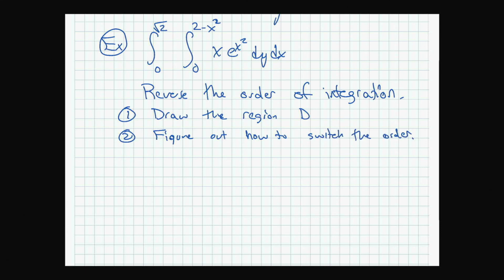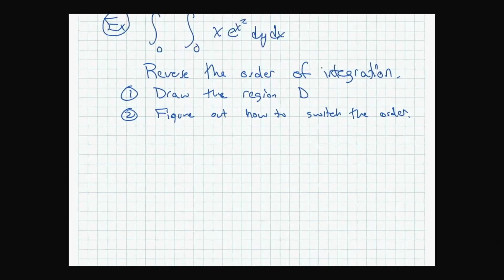There's not really a lot to say there. Once you draw the region, then you know how to set it up in the other type, because you know how to set up both types. So draw the region D, and then we'll figure it out from there.